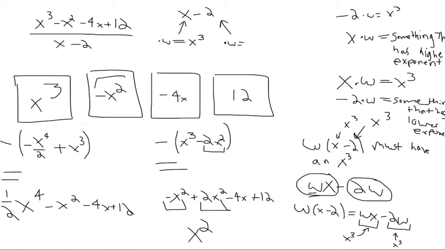So in this case, the extra term that was produced was 2x squared, and it combined with this minus x squared. And we just ended up getting x squared. So we ended up getting x squared minus 4x plus 12. That's the full thing. We didn't make our job any more difficult because we didn't add any new terms, right?